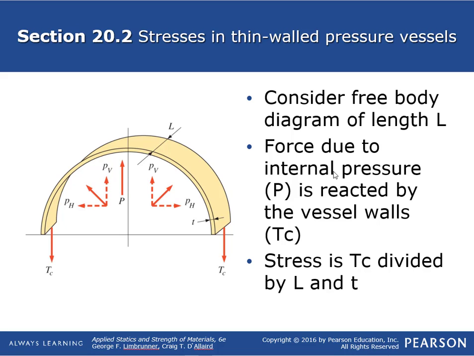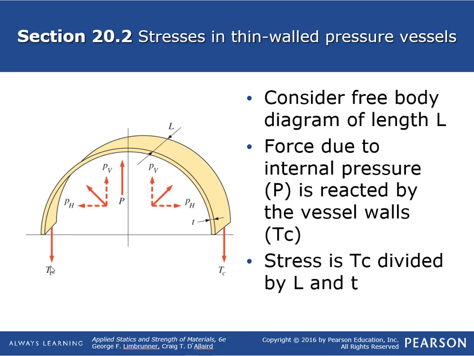And so what we have here is forces due to internal pressure reacted by the vessel walls. Okay, so we have internal pressure acting inside this pressure vessel, and that pressure times this projected area gives us P. That's the force of the pressure that's pushing on this segment of the pressure vessel. And that force P is being reacted by the sides of the pressure vessel.